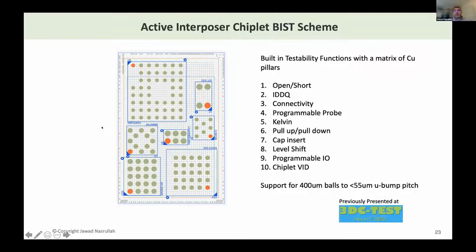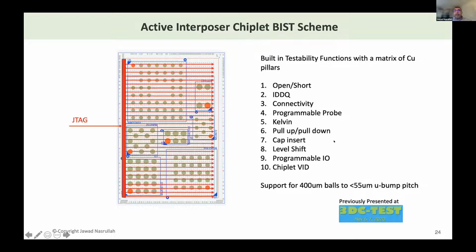They were multi-purpose because they could communicate as I/O, and some of them were dedicated to test. So we actually did not test the interposer on all the bumps. What we did was we put a pretty inexpensive probe card and went from the edge of the interposer and started exercising pretty much all of these things, all the way into doing Kelvin probes, pull-ups, pull-downs, and a bunch of other things that are pretty common in this type of area.